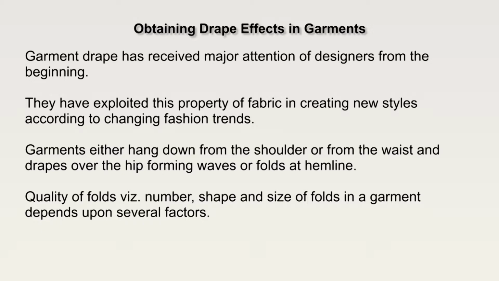Garments either hang down from the shoulder or from the waist and drape over the hips, forming waves or folds at hemline. Quality of folds such as number, shape and size of folds in a garment depends upon several factors.